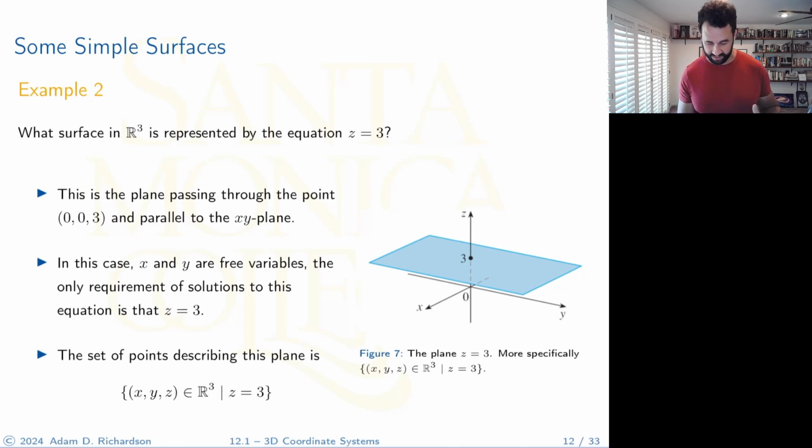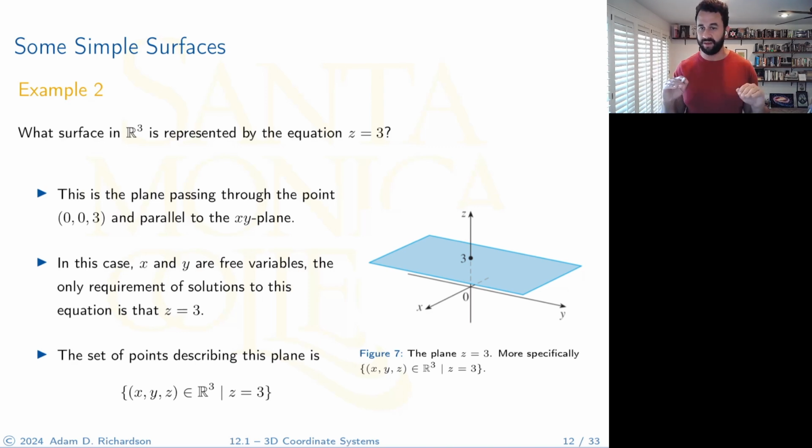One thing I want to point out is we specifically mentioned that we're working in 3 space, and the equation z equals 3 only involves one of the coordinates, z. All right? So because it's only involving one of the coordinates, the other 2 coordinates are what we call free variables. That means they can be whatever you want them to be. There's no restriction, there's no condition on what x and y are.